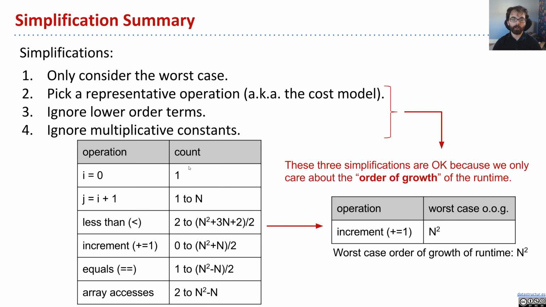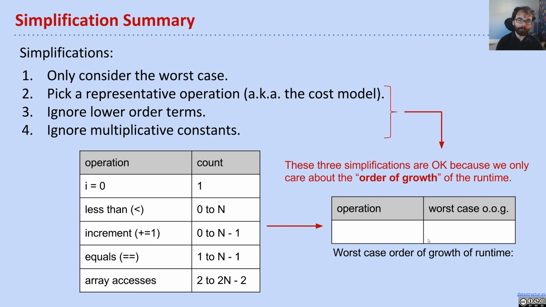And so in the end, we take our big, beautiful gold standard characterization of our function, and we reduce it to this simplified table where we're counting the worst case order of growth of the number of increment operations as a function of n. Now, assuming that increment operations each take some constant amount of time, then the order of growth of the overall runtime of the function should also be n squared. And that's the whole process.